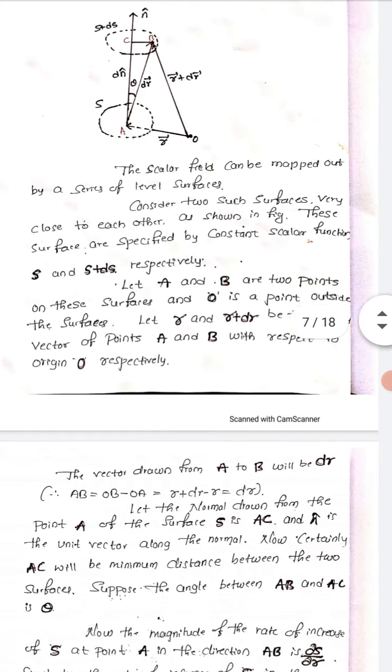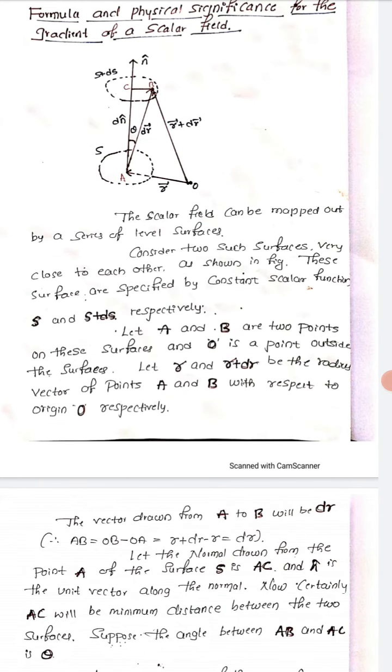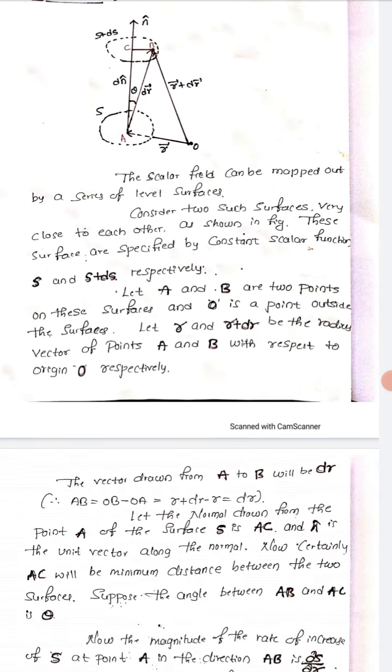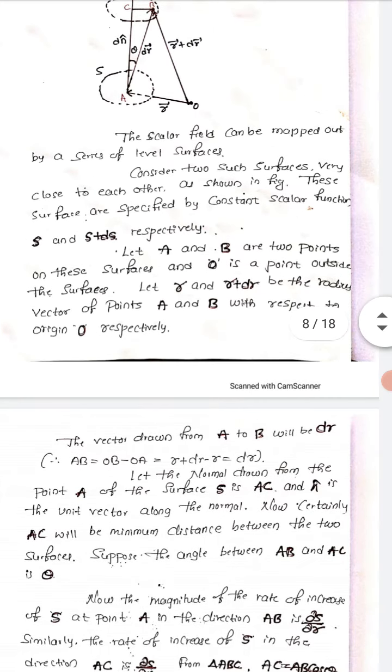Then the vector drawn from A to B is dr. Therefore AB equal to OB minus OA equal to r plus dr minus r equal to dr. OB is r plus dr, OA is the vector r, so AB equals dr.